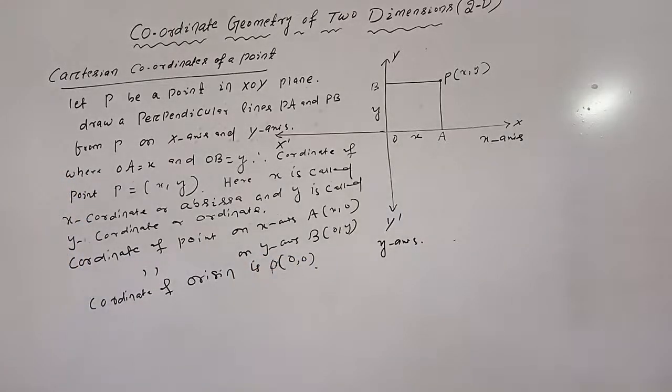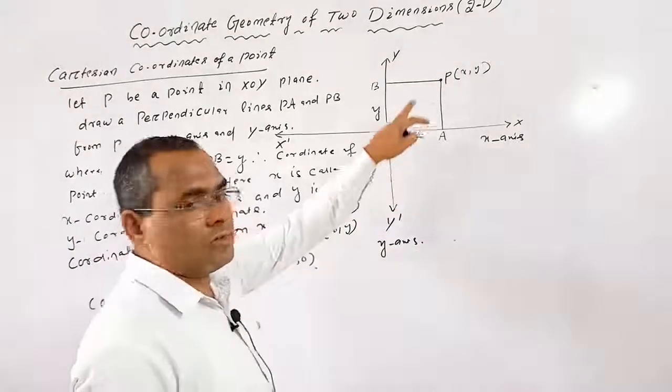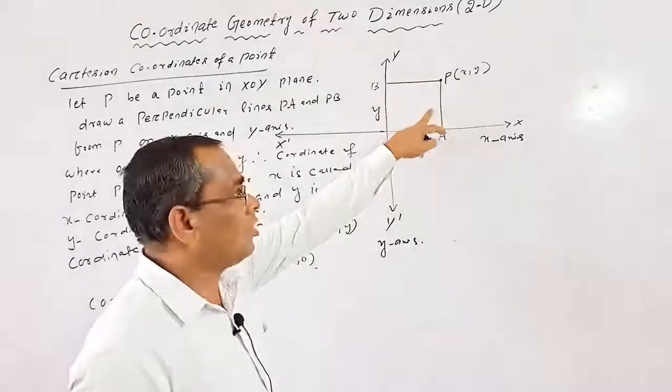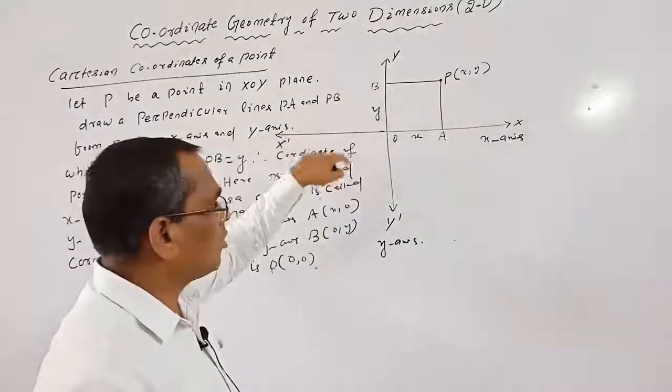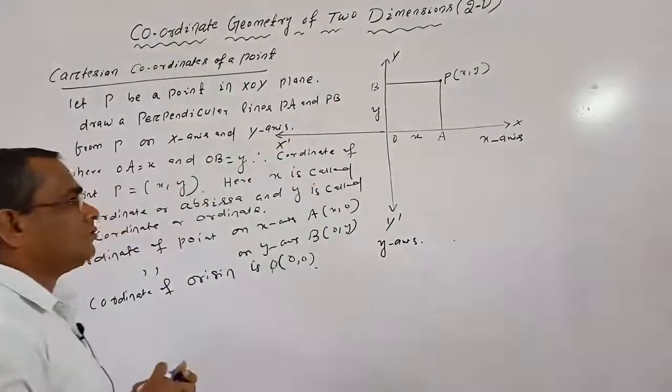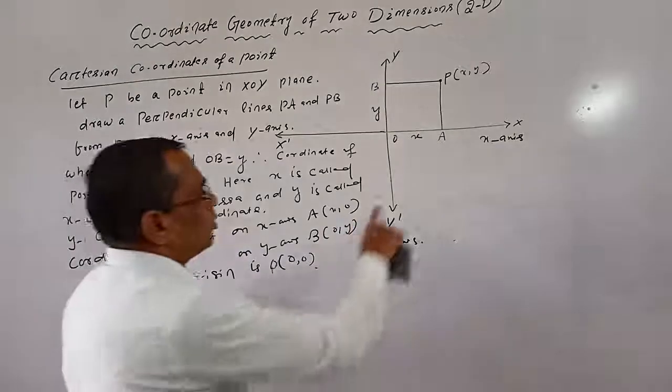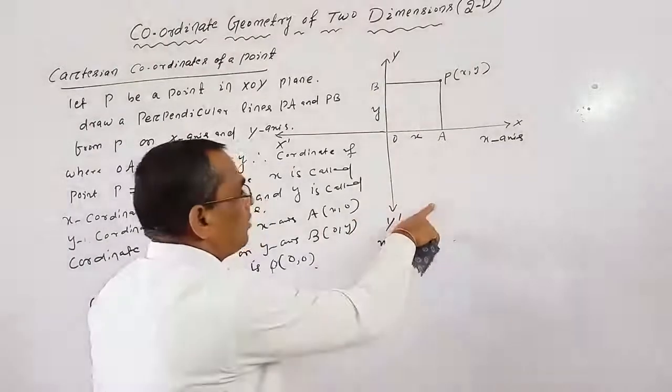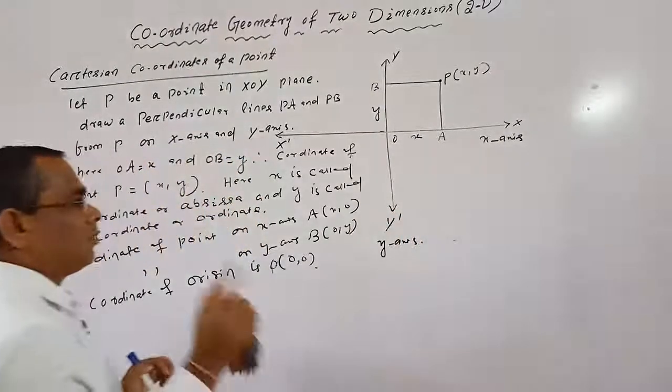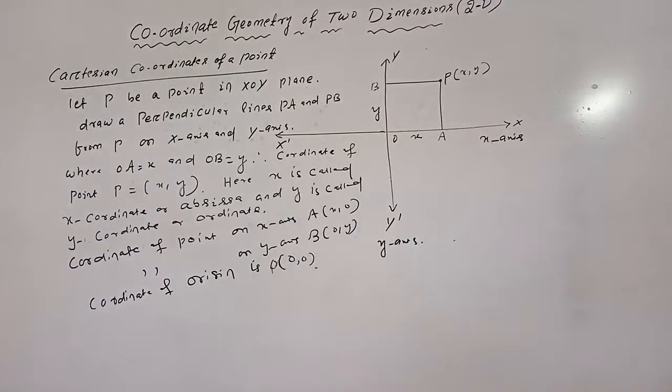So in this way you have to determine the coordinate of a point, whether it lies in the first, second, third or fourth quadrant. If this point P lies in the fourth quadrant, the signs of the coordinates will be plus, minus, and if it lies in the third quadrant, it will be minus, minus. So in this way you have to determine the coordinate of a point lying in any quadrant.